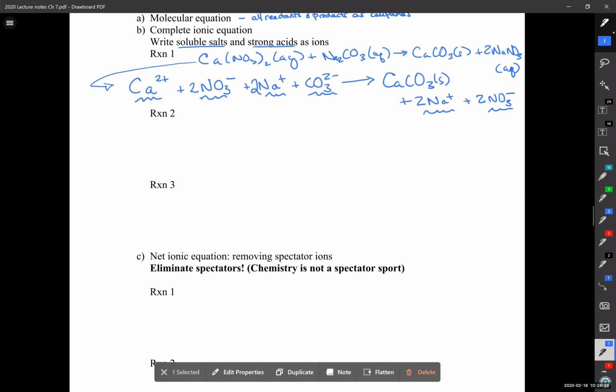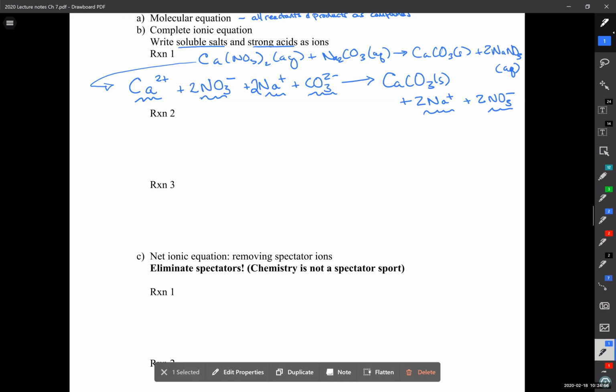Okay, last thing we're going to do is the net ionic equation. So there's this thing called spectator ions. The spectator ion is an ion in solution that doesn't do anything, okay? That's like the term we use when you go to an athletic event, like a basketball game.